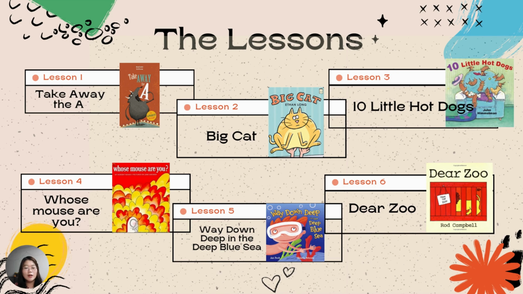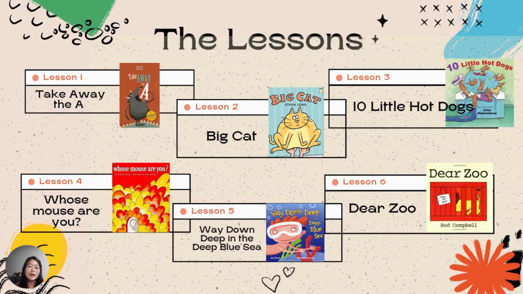So I developed the 6 lessons, and these books I found in our school's library. It means that students can not only check it on the internet, but also they can borrow these books from our library. So lesson 1 is about Take Away the A. This is an alphabet book.